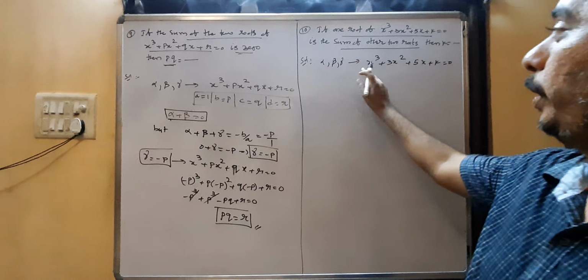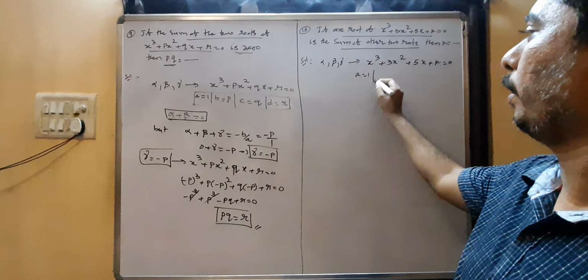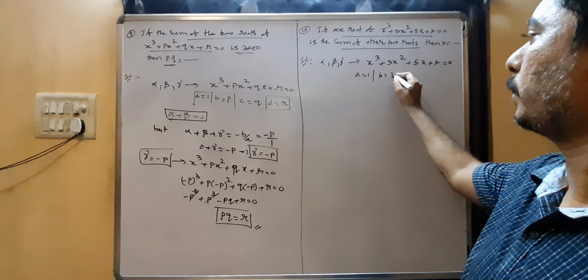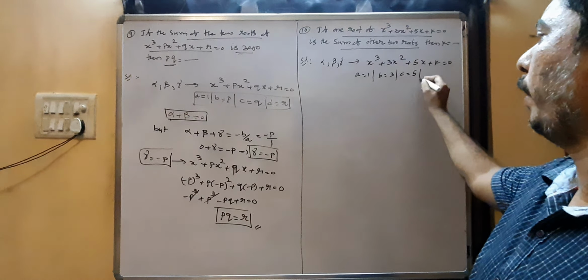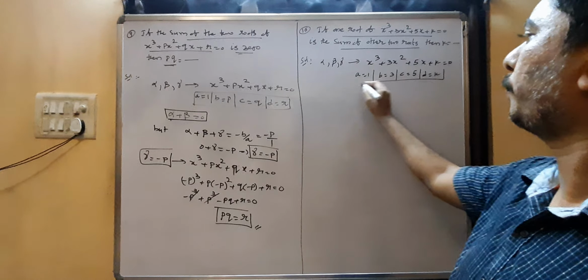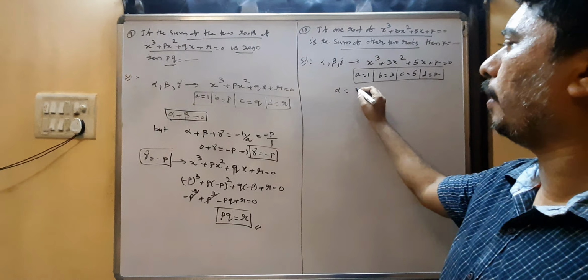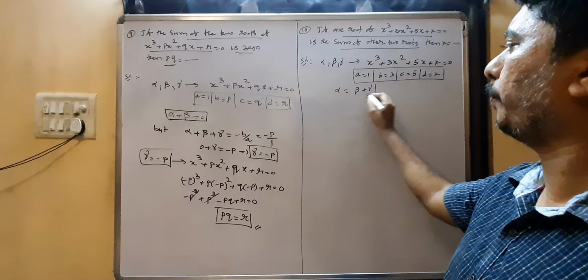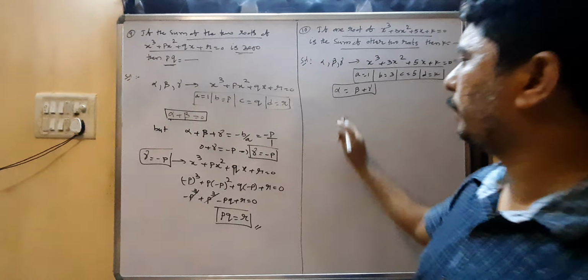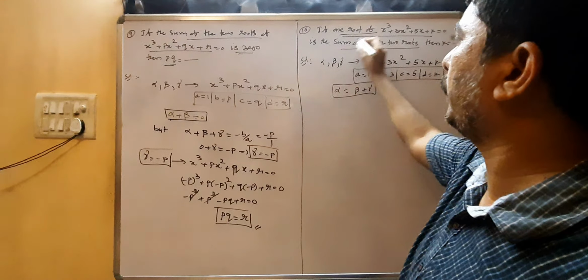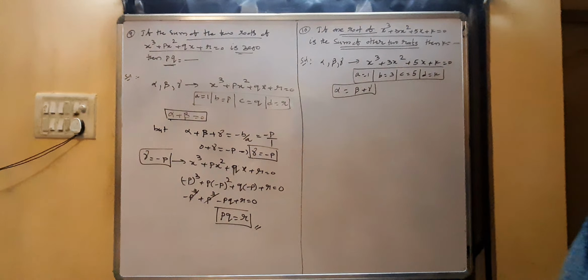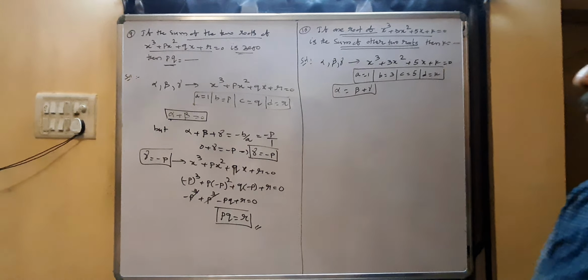The coefficient of x cube is a equal to 1, b equal to the coefficient of x square, 3, c equal to 5, d equal to k. The given condition is that one root of the equation is the sum of the other two roots: alpha equal to beta plus gamma.